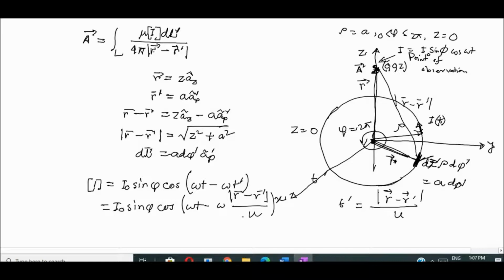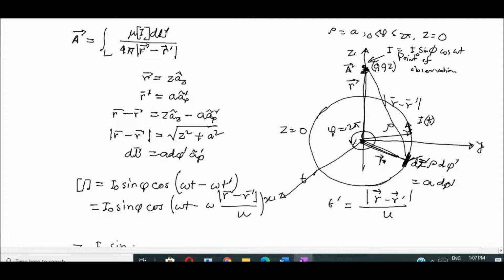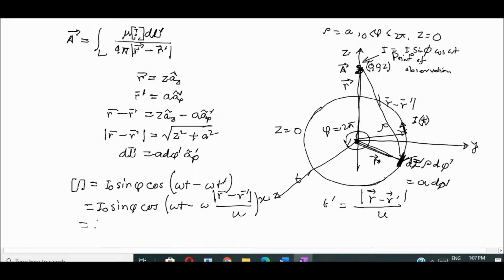In this case we have free space, so we can write I naught sine phi cosine of omega t minus omega times the square root of z square plus a square over c.